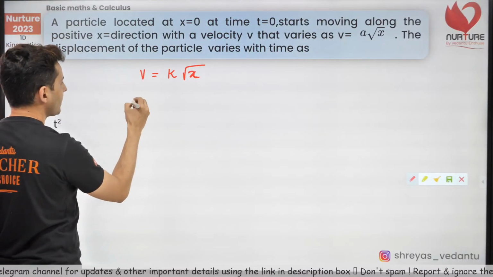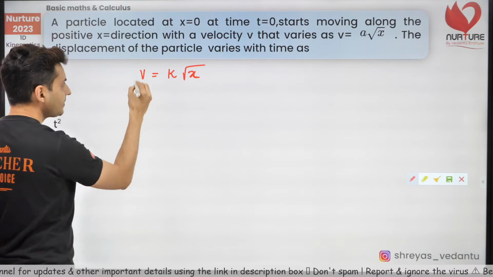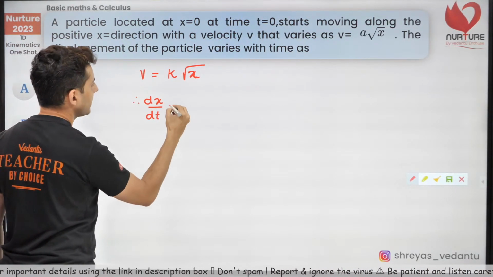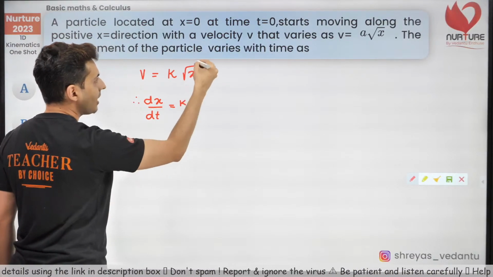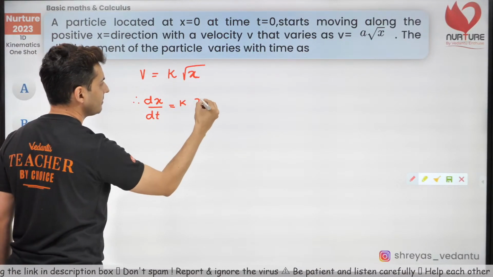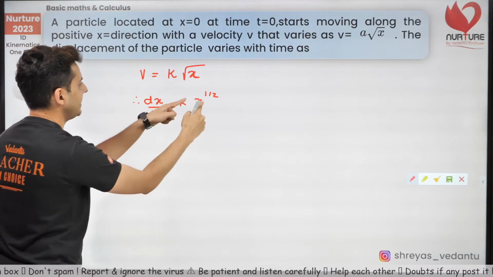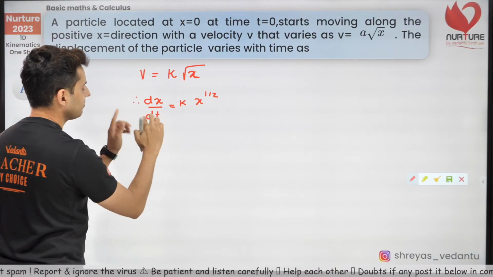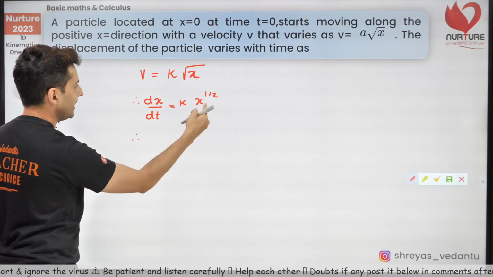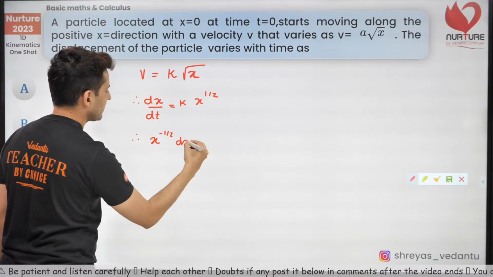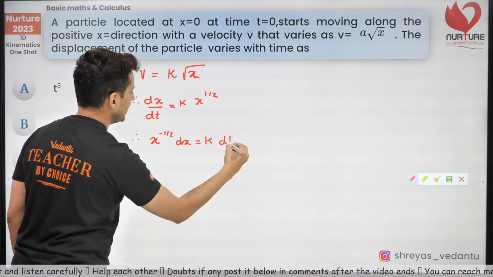Oh, but I can do one thing. Velocity is dx by dt, and root x is x raised to half. How about shifting x here, because x and t should be together. Put t on the other side. So when this goes on the other side, it will become x raised to minus half dx is equal to k dt.